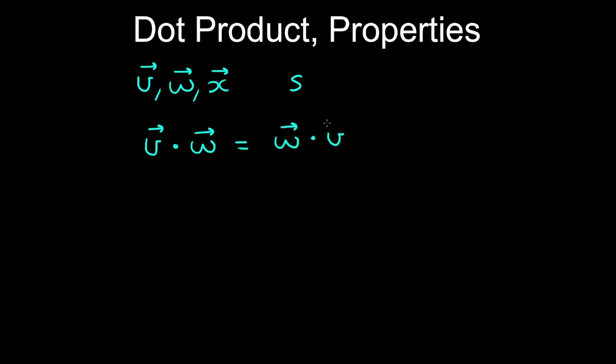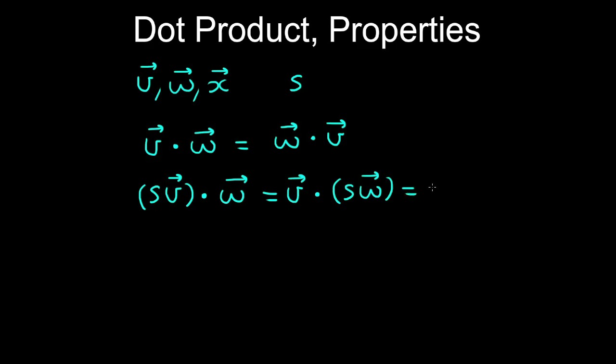Let's look at some properties of the dot product. So given three vectors, v, w, and x, and a scalar s, the first property is the commutativity of the dot product. So if we take v dot w, that's the same thing as w dot v. And if we multiply a scalar by the vector v, and take the dot product with another vector w, then that's the same as multiplying w by the scalar and taking the dot product with v.